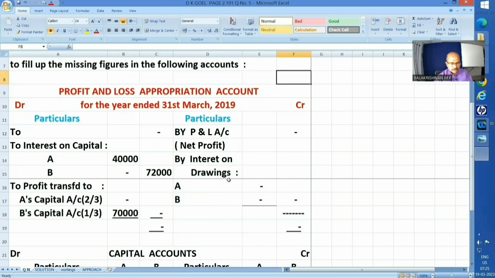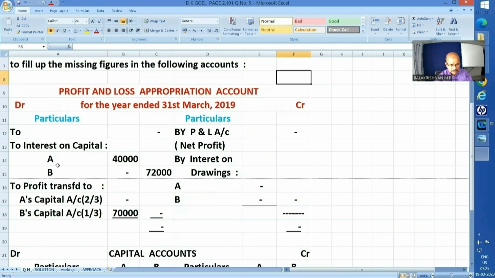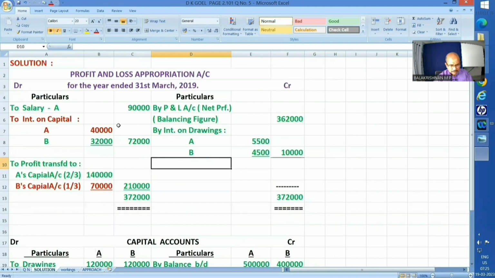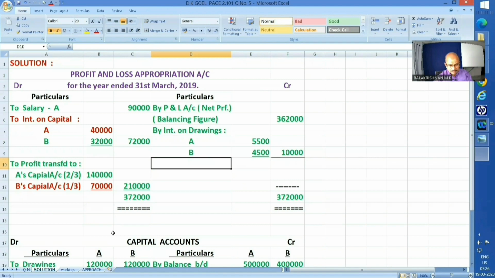So the solution is this one only. First, let me just show the information whatever is already given here. Interest on capital 40,000. And B share of profit 70,000.